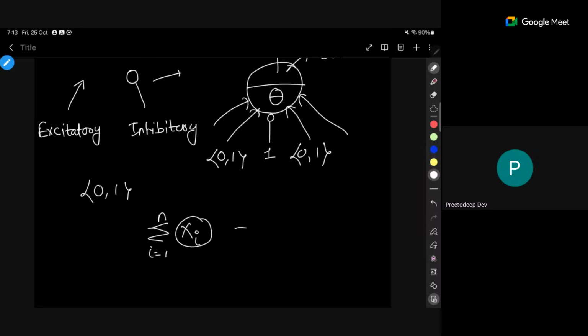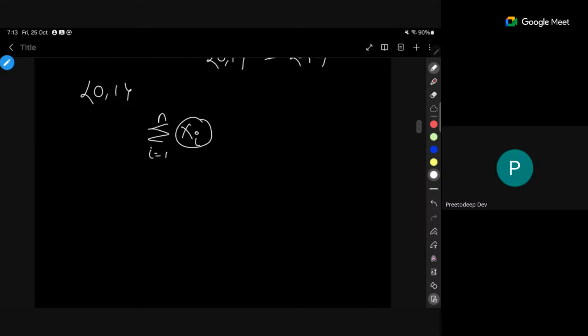When all excitatory inputs are there, we do the summation and figure out what threshold we want to keep.